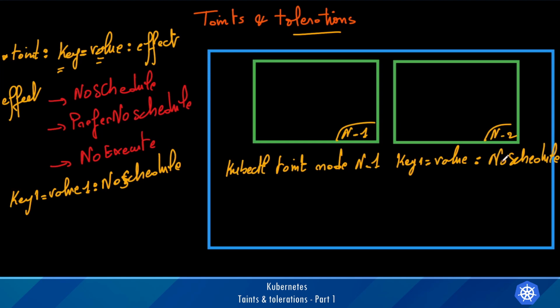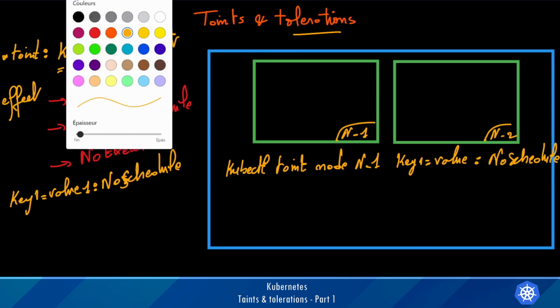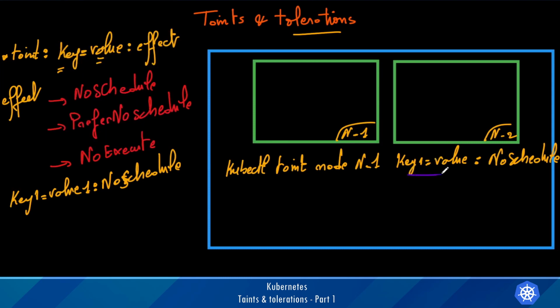Okay, so when we set this taint on this node, this first worker node will not accept any pod, only the pods that tolerate this taint. So the pods should tolerate this taint to be accepted by this first worker node.